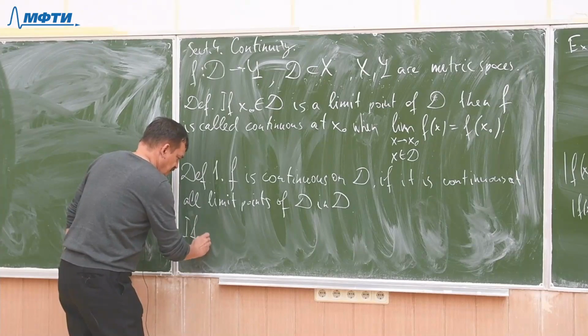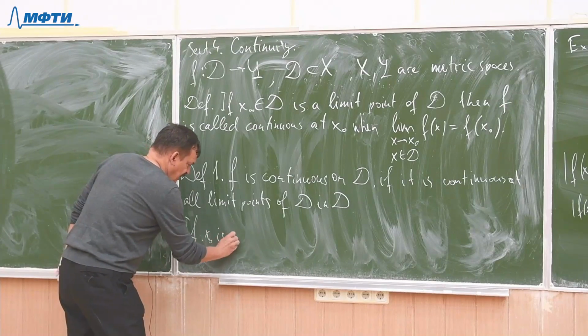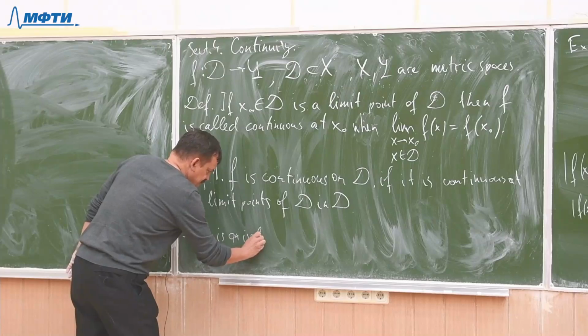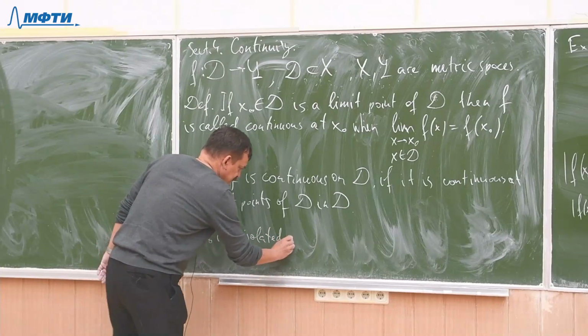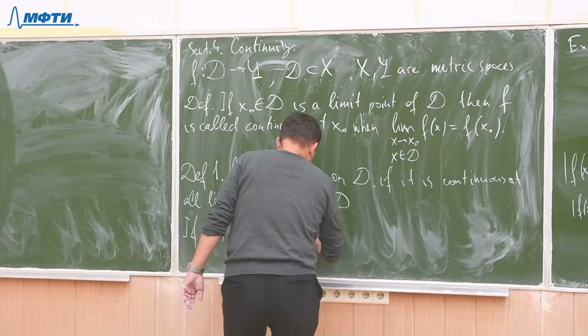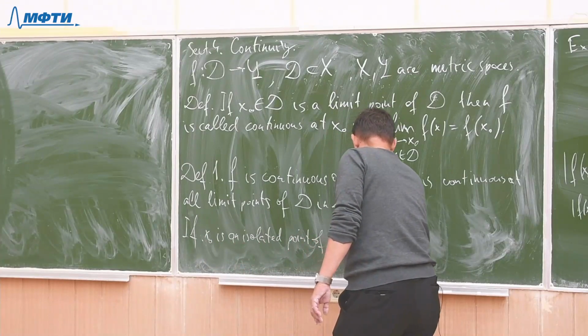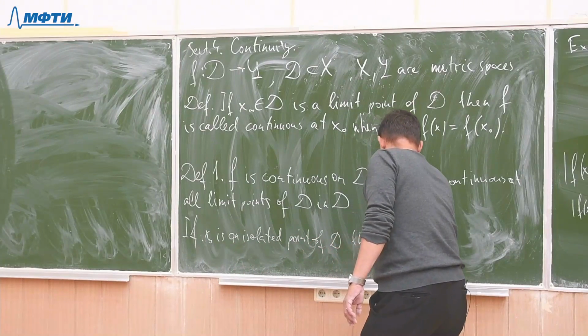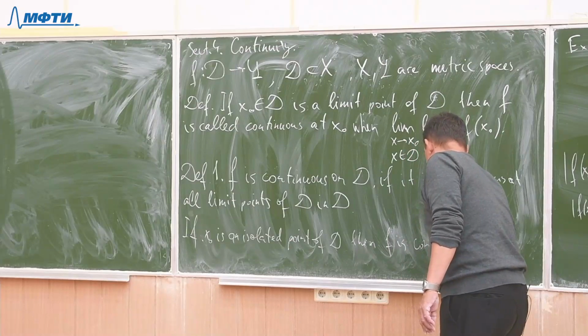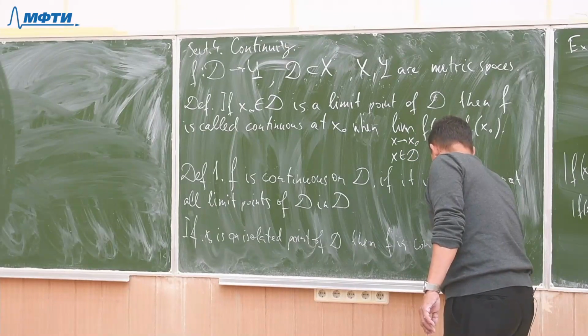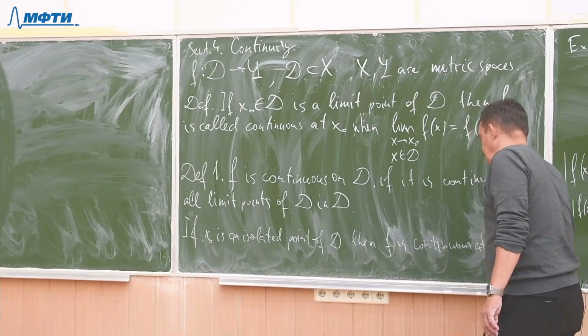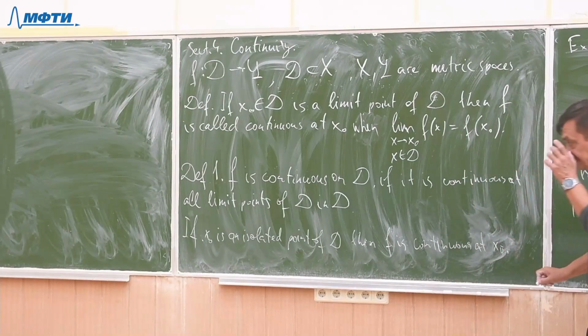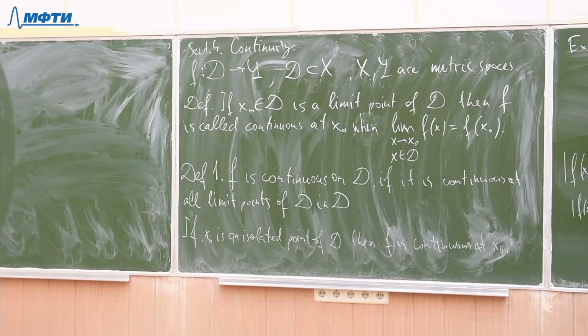If x naught is an isolated point of D, then f is continuous at x naught. You can take it as an agreement, or that is a corollary.